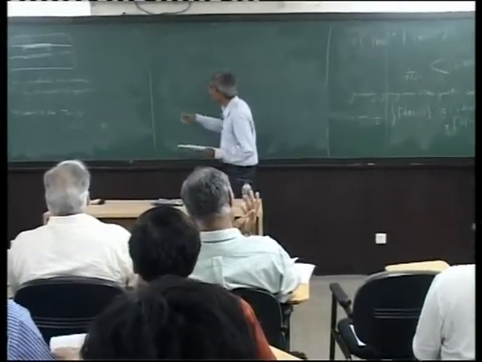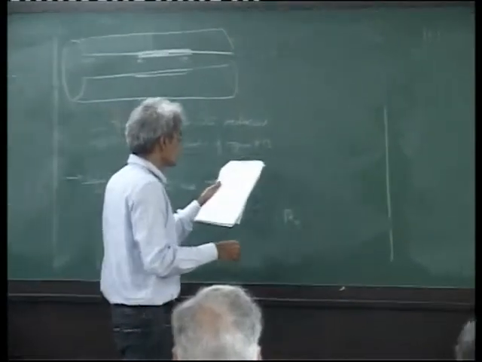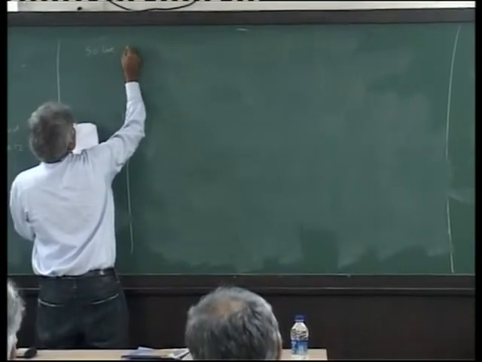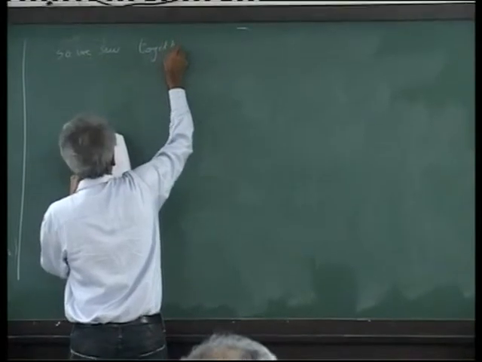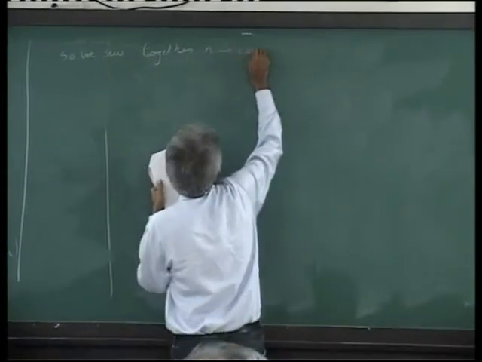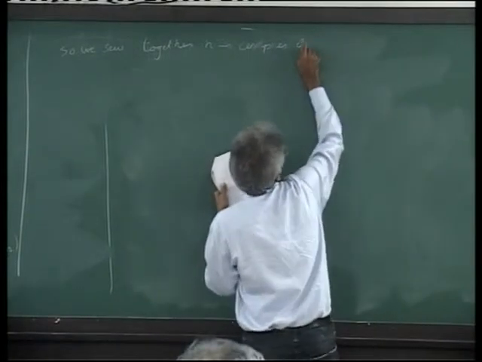So let's see. So now we have got this picture correct. Okay. So basically we sew together n copies of the same path integral.